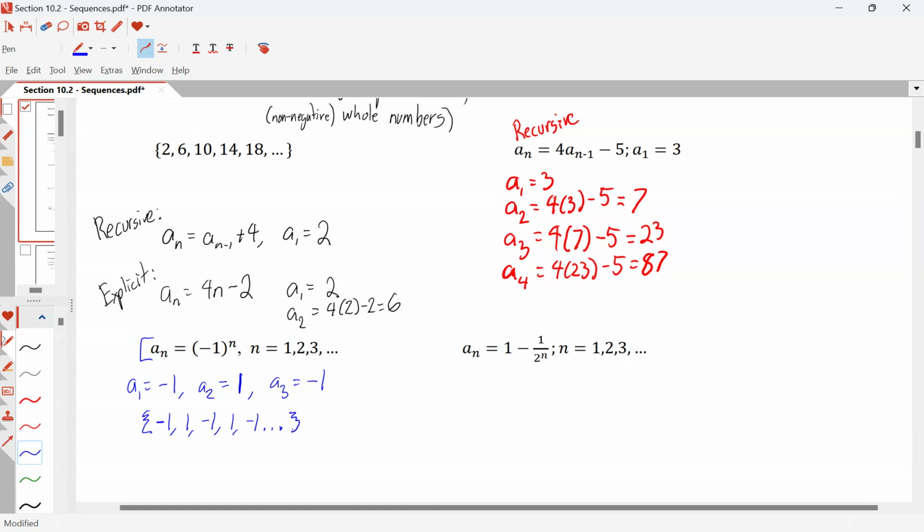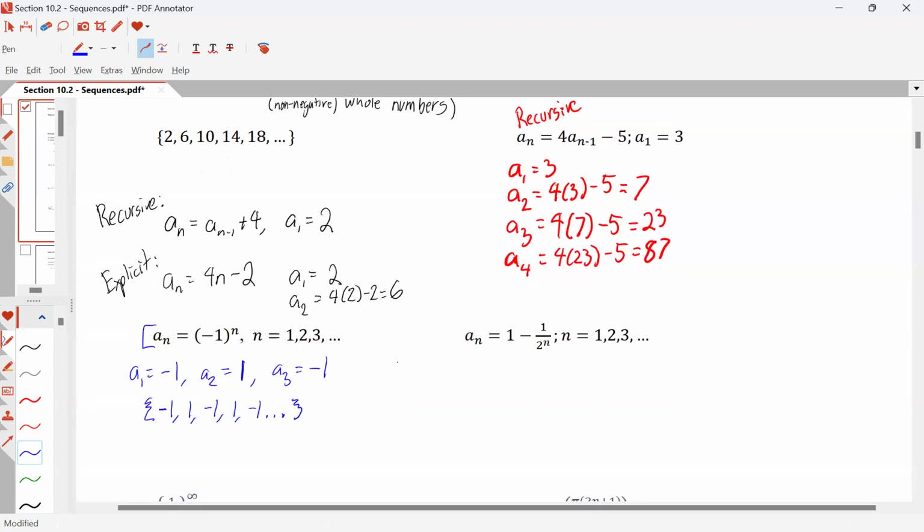If I wanted to write this as a recursive formula, when I switch from one to the next, I am multiplying my previous term by -1.